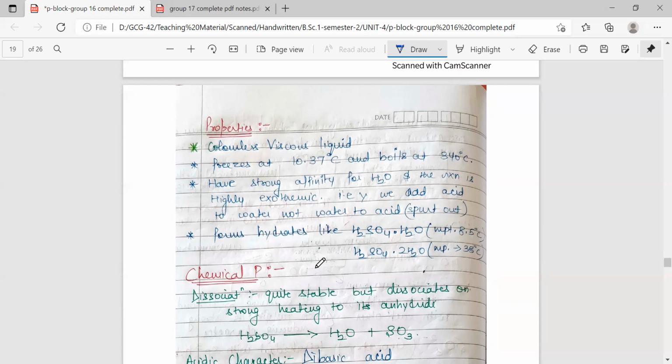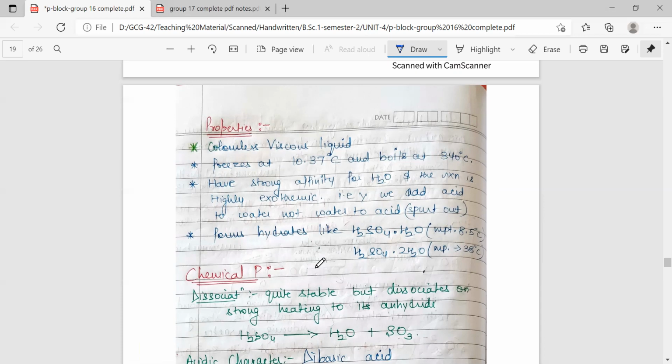If we add water to acid, it is going to spurt out on our face and cause strong burns. So this is the point to be kept in mind. Whenever we want to dilute acids, we add acid to water, so that there is a large amount of water and the acid goes in dropwise or slowly.